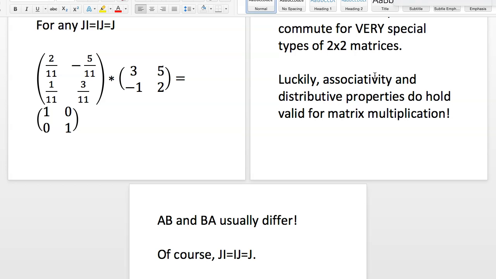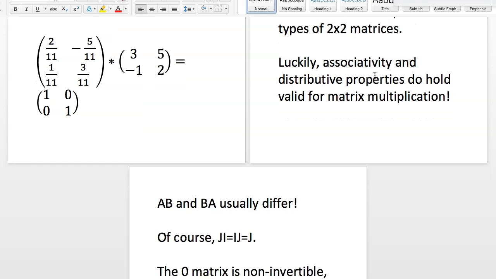Now there is, of course, the zero matrix. Now the zero matrix is fatalistic. It's non-invertible, but commutative.